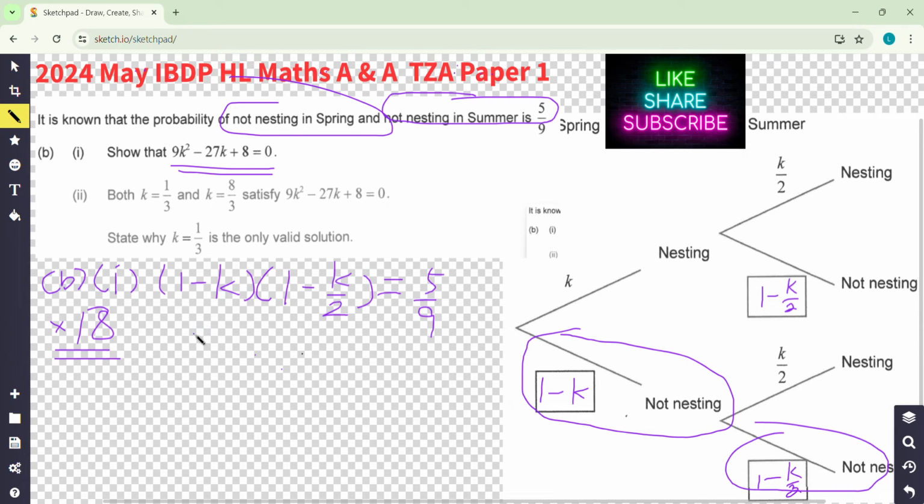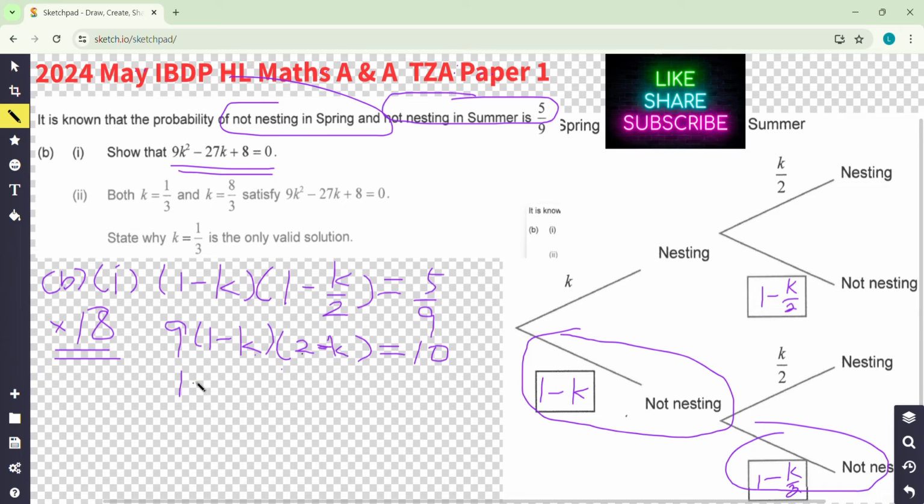So this one will become 9(1 minus K)(2 minus K), remember. And the right hand side will become, multiply by 18, 10. 5 times 2 is 10, and then expansion.